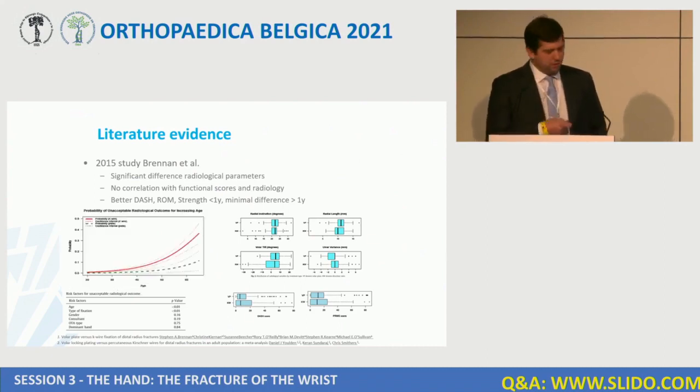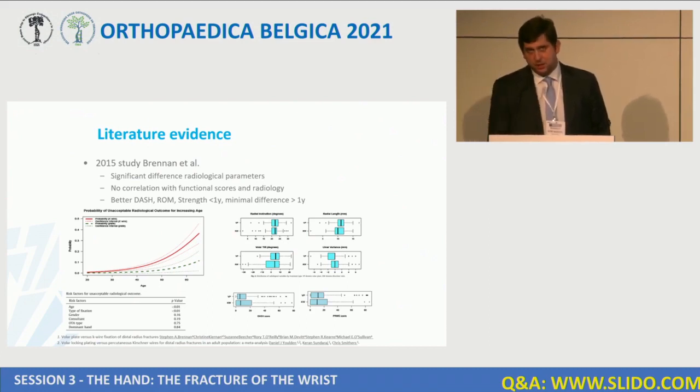What was interesting is what we see here is that an unacceptable reduction and loss of reduction increases with age. So what we see coming back is that if the next studies will be conducted also in what they call elderly patients, patients over 60, which I don't really consider elderly, but okay.